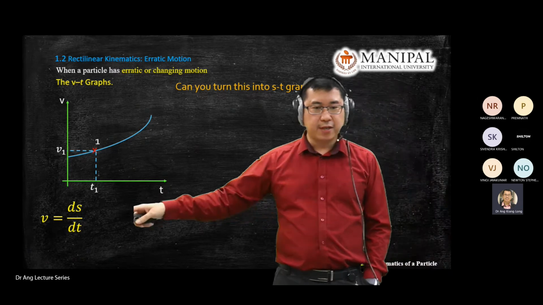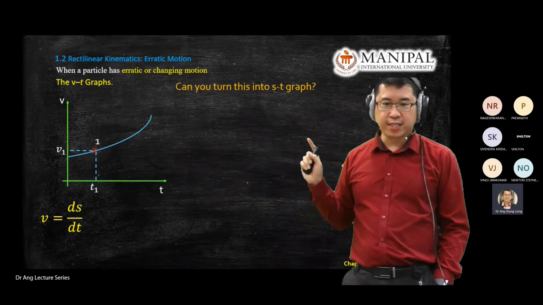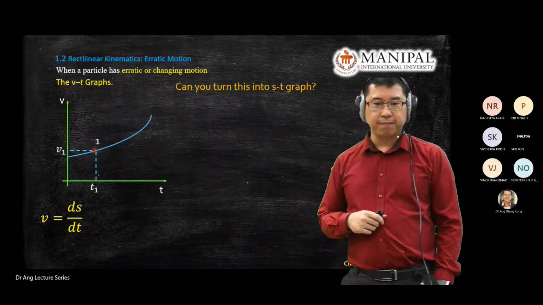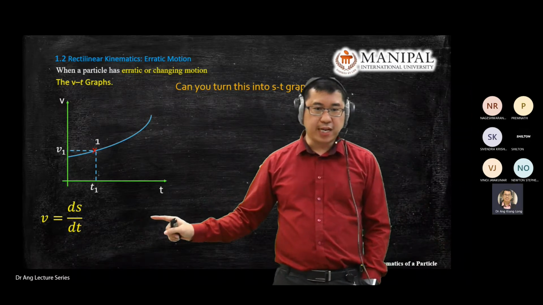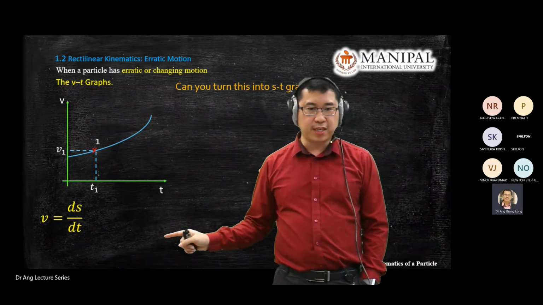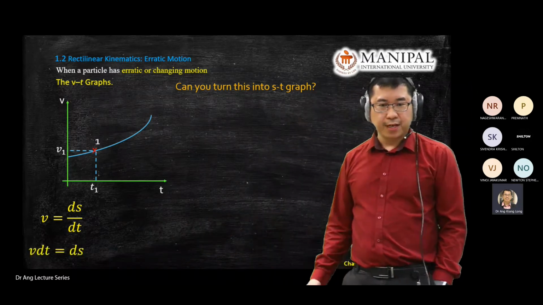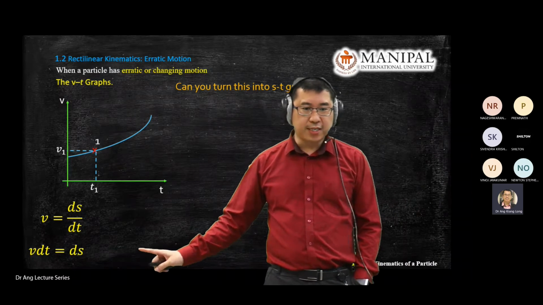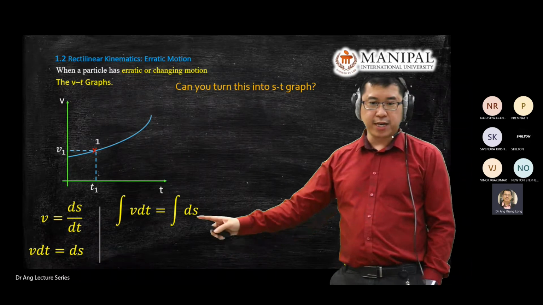However, because we intend to change Vt into ST, we link velocity and displacement. So you use V equals ds dt, and then we pull the dt denominator to the left-hand side. And again, you know what to do when you see dt on one side and ds on the other: you put in the integration sign.